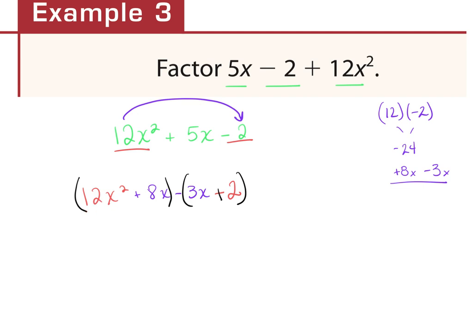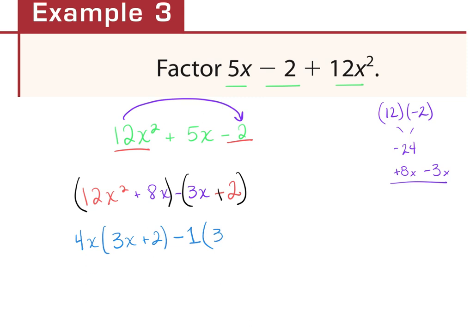I'm going to look at the 12 and the 8, and I can say, well, a 4 comes out of 12 and 8. The x squared and the x, I can take an x out. 12 divided by 4 is 3. I had 2 x's. I now have 1. 8 divided by 4 is 2. I took out all the x's I had. Between 3x and 2, it does not have anything in common, so I am going to write my 1.